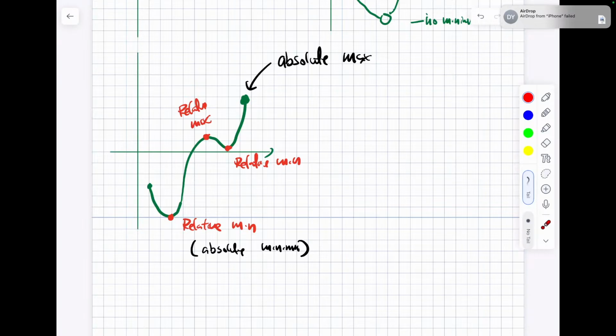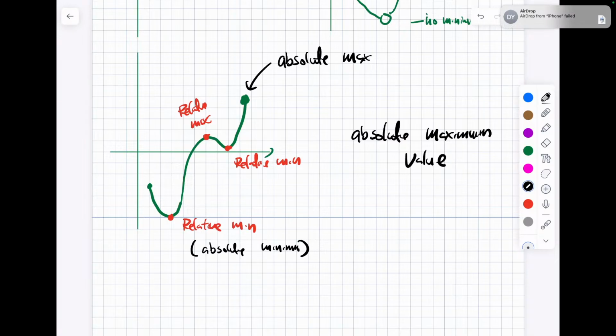Okay. Now, sometimes the AP exam doesn't ask you where the maximum value occurs. They ask you for the maximum value. So if they ever ask you for the absolute maximum value, now value represents the output.